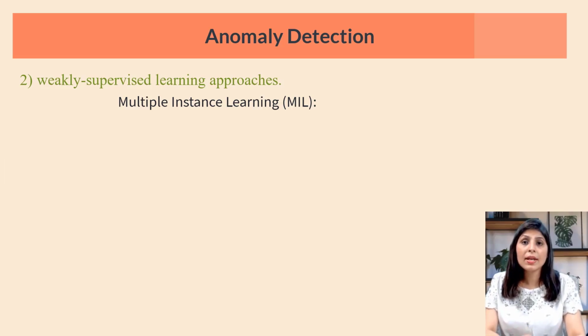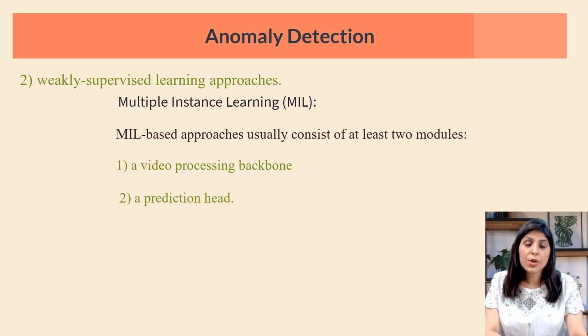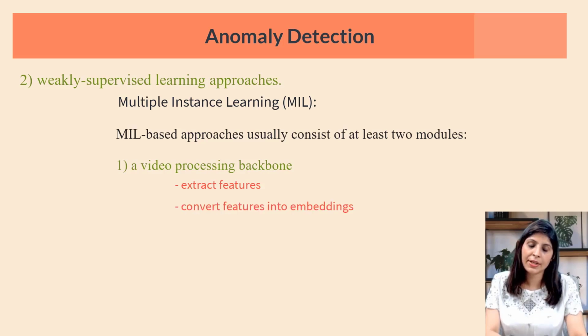MIL based approaches usually consist of at least two modules. First is a video processing backbone and the second is a prediction head. We'll start with the video processing backbone because it is the initial module of the video anomaly detection model. Its purpose is to process input video segments and extract features, and then we convert those extracted features into embeddings.